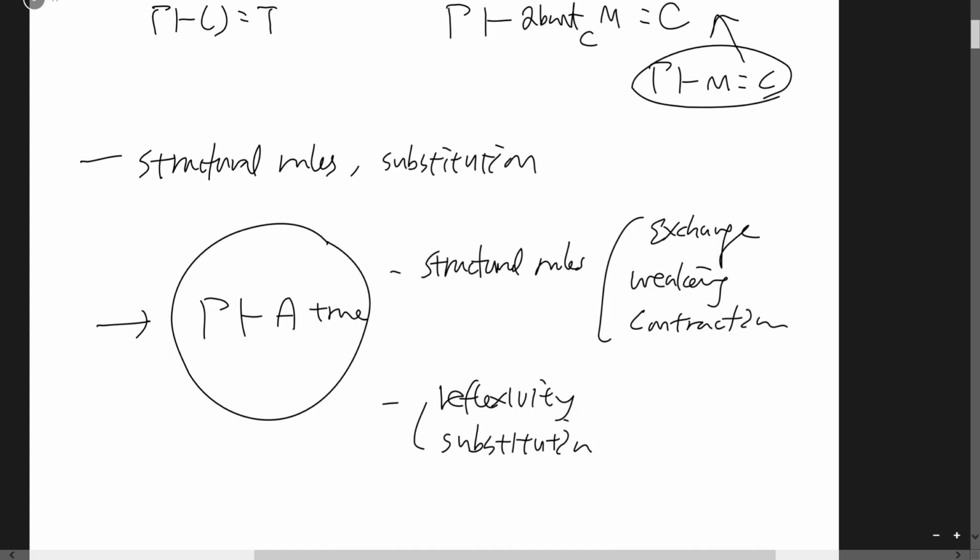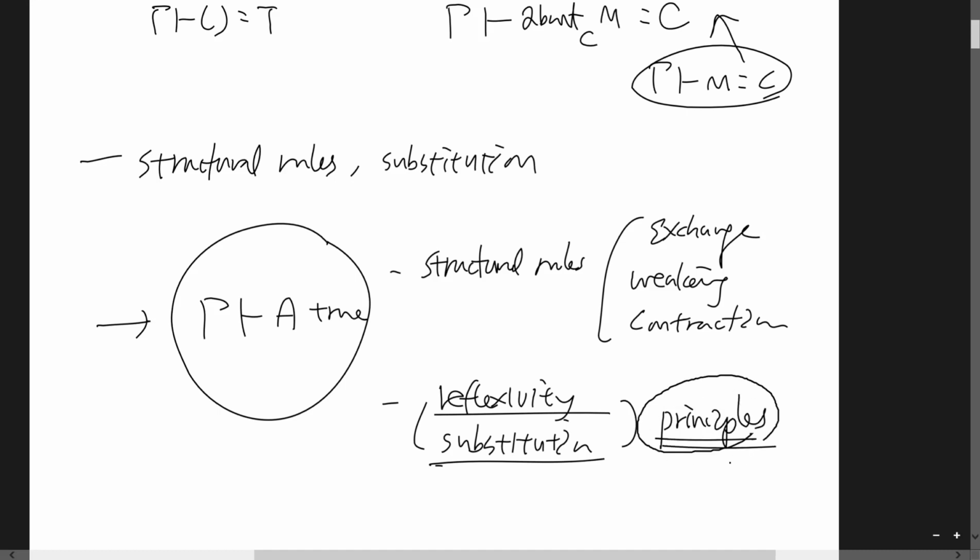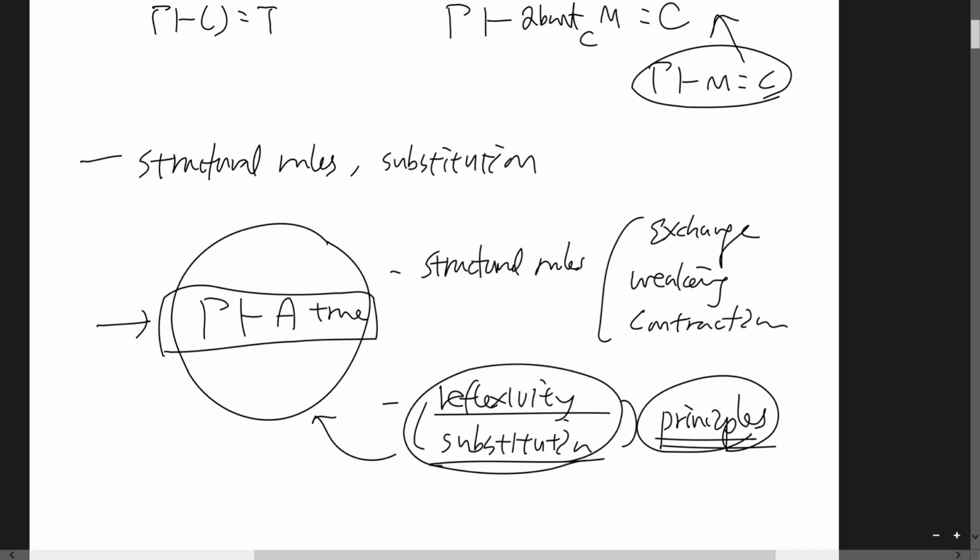So we learned that this reflexivity and substitution are called principles, which implies that they must hold. They must hold for any system based on this hypothetical judgment. If these two principles do not hold, it means that there's something fundamentally wrong with the way that you use this hypothetical judgment.